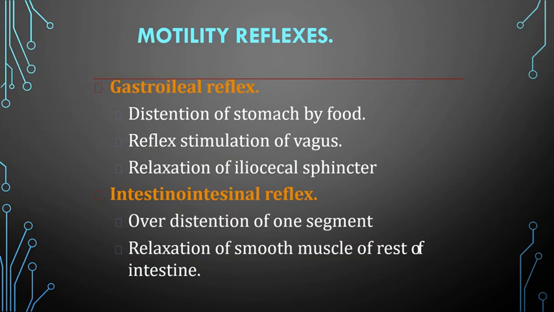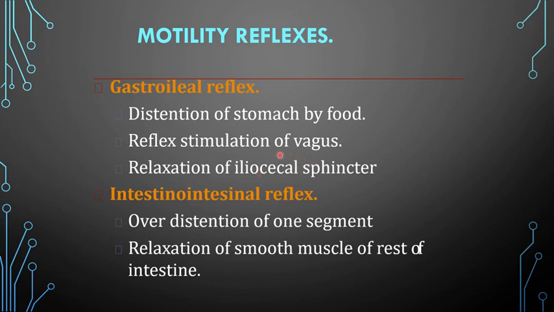So there are two types of intestinal motility reflexes. One is the gastroileal reflex and the other is the intestinal reflex. The gastroileal reflex is initiated when food enters the stomach, that is, distension of the stomach by food, and this enhances the motility of the terminal part of the ileum, and the ileocecal sphincter will be relaxed.